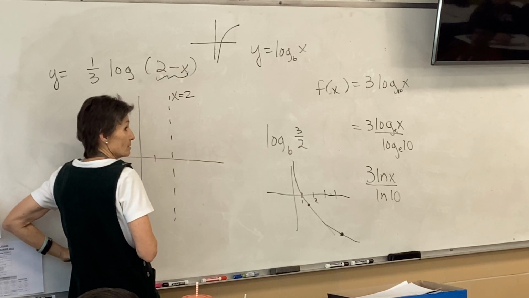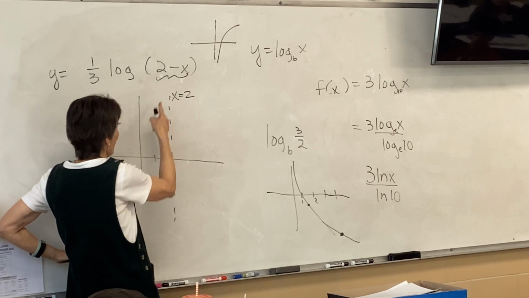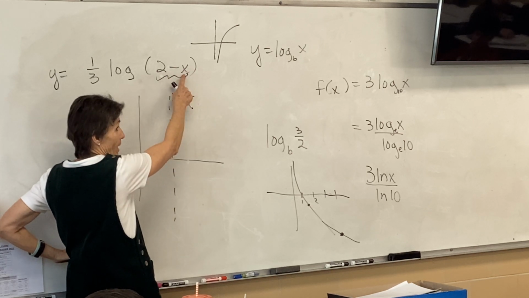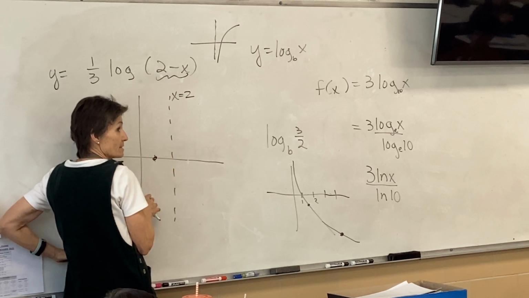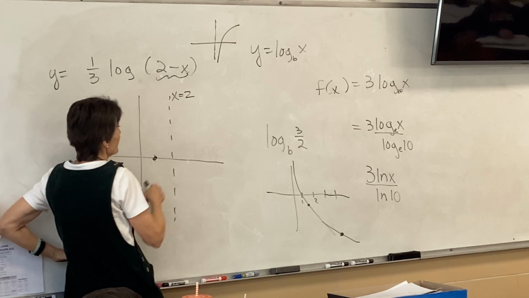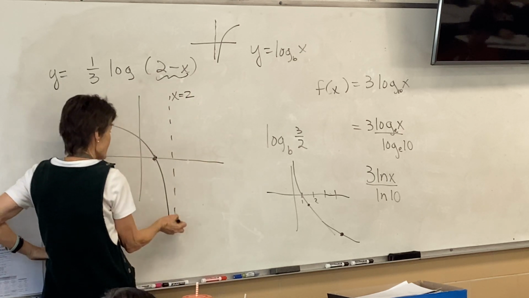Can't be over there. That must mean it's over here. Can x be 1? Yep, and if x is 1, you're taking the log of 1, which is 0. So there's my intercept. It looks like this.